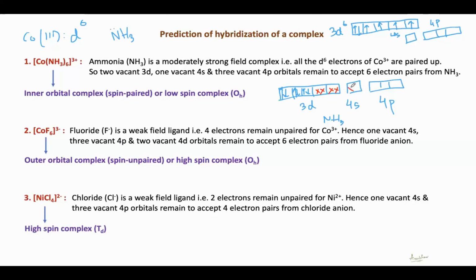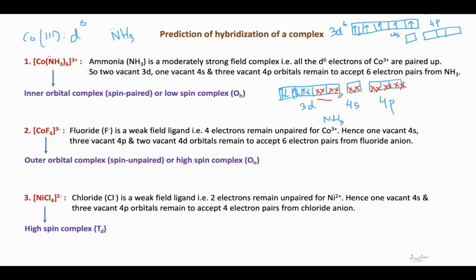So ammonia will donate 6 pairs of electrons. Here you can see 6 ammonia molecules are there and each ammonia possesses 1 pair of electrons. So each ammonia will donate an electron pair to the vacant orbitals of this cobalt 3 plus complex.